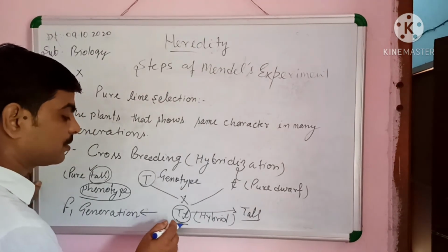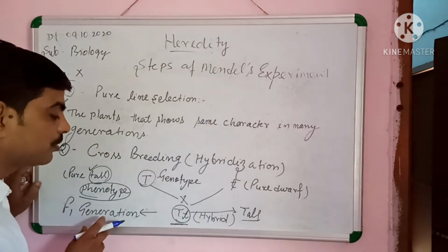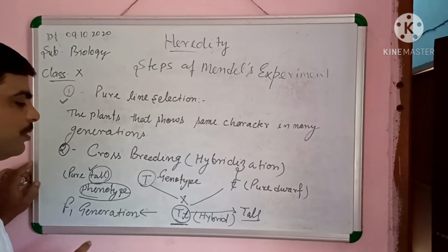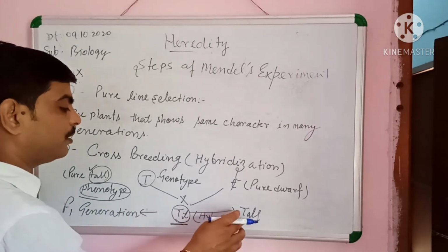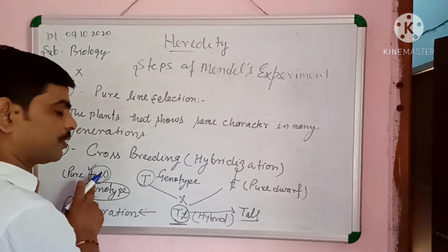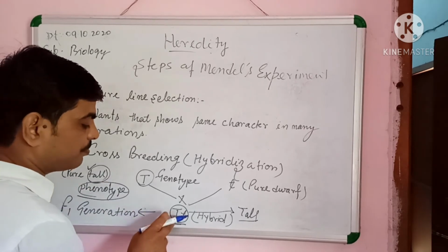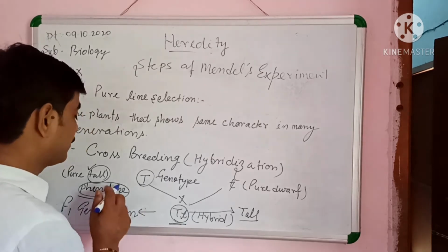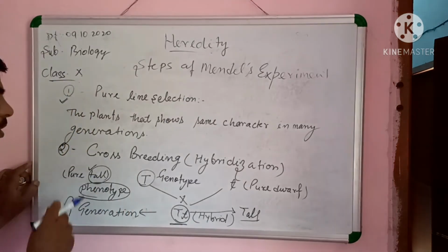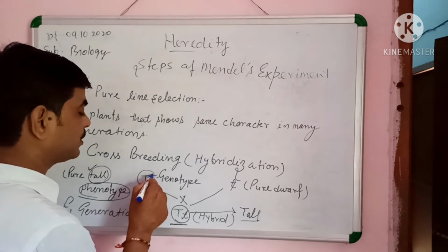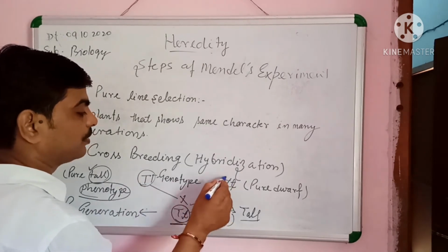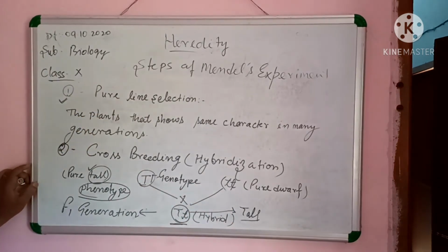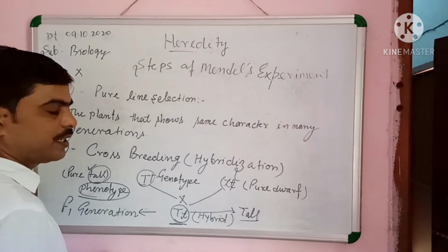This first generation plant is also tall. All plants will be tall. This phenotype is tall, this phenotype is tall, but the genotype of this tall is of two different types, and the phenotype of this is similar, because a pair of characters are there.